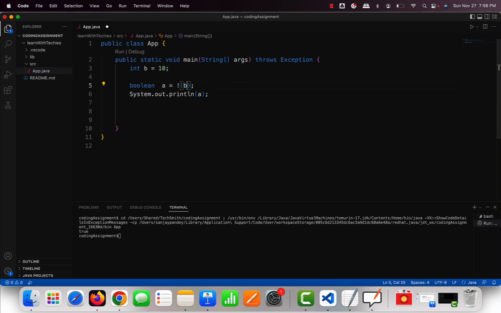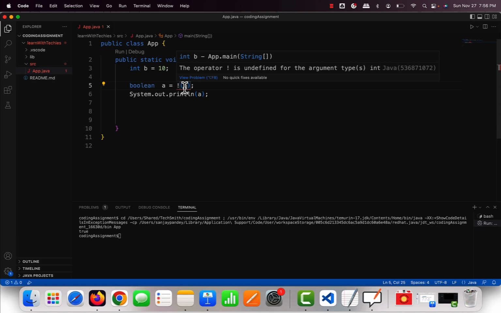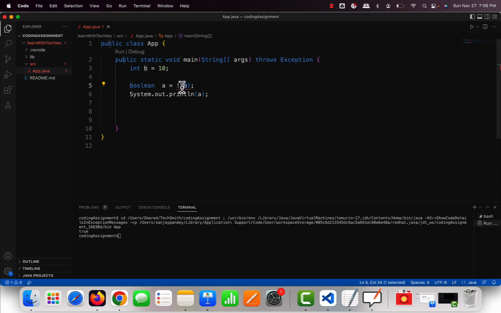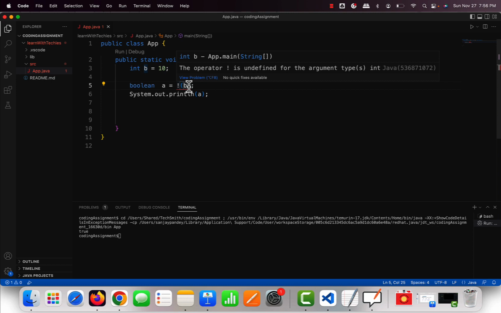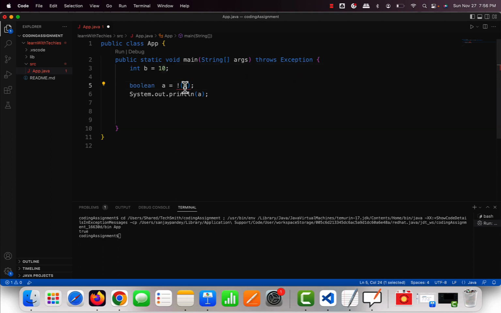In the same way, if I do something like this, it will not work because this is undefined. Basically, we always have to add a condition here whose result could be either true or false. Since this is a number, if I add something like this here, then also it will not work, because it works only on boolean values, the value inside should always be a condition, not any number or string or something.